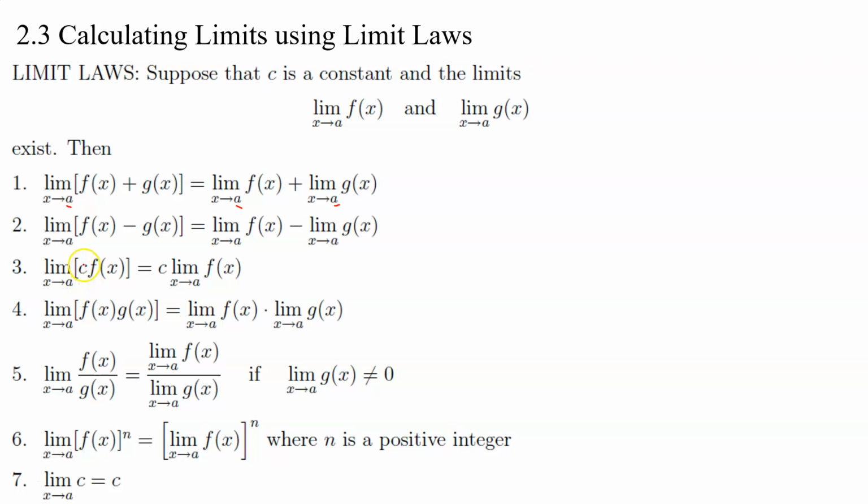So if you have a constant, you can bring it to the front. So you have this one. And when you have a multiplication of limits, it's quite similar to the addition and subtraction. You can just multiply these two limits.